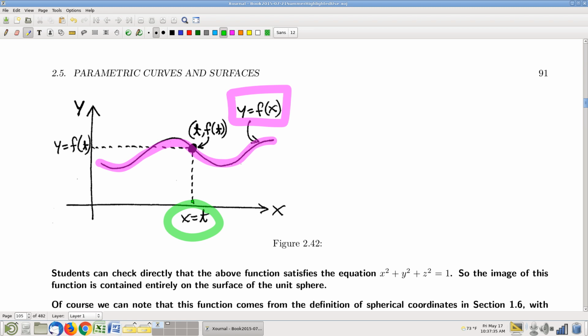Now, by the way, notice if x is equal to t, then since t takes on all values, x is going to take on all values, right? If we let x equal t, then if we want to be on our graph curve, that means that y has to be f of t.